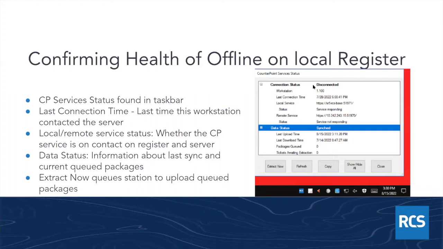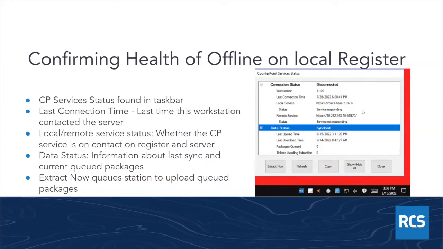Disconnected can just mean that it's not actively transporting information to or from the server at the moment. It shows you what work group and workstation it is. So that 1 here would be the work group, 100 would be the station. It'll tell you the last time it connected to the server, the local service URL, and the remote service URL. And it'll tell you whether these services are responding.